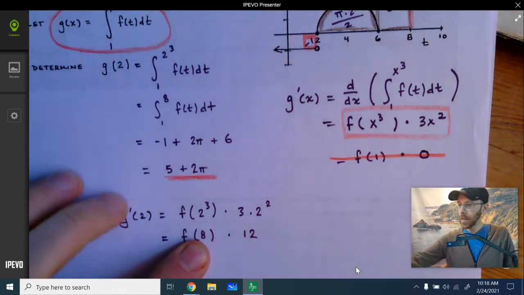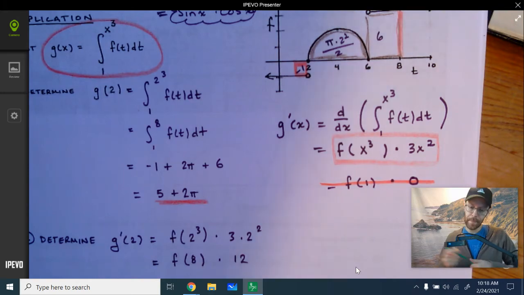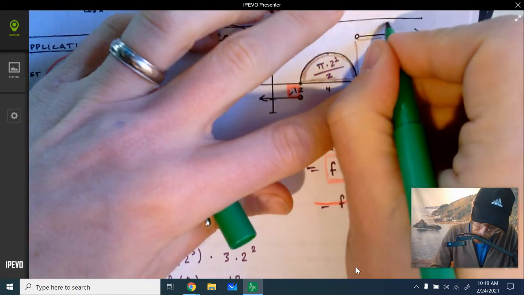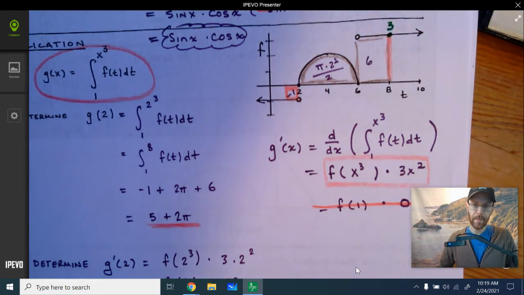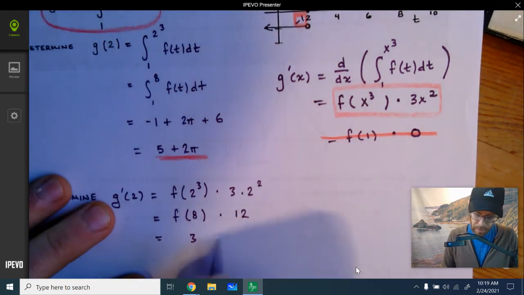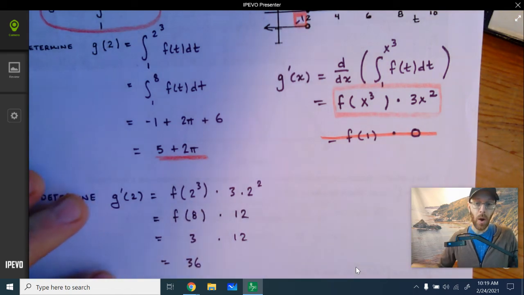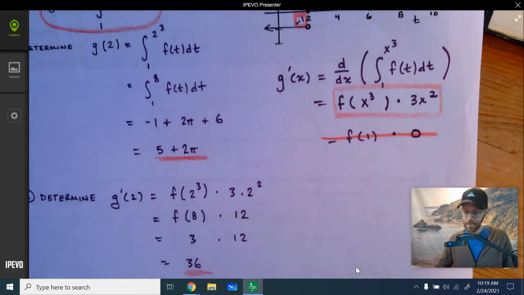F of 8, you are going to locate up here. At 8, the value of the function is 3. Therefore, this is going to be 3 times 12, which gives us 36, one of my favorite numbers.